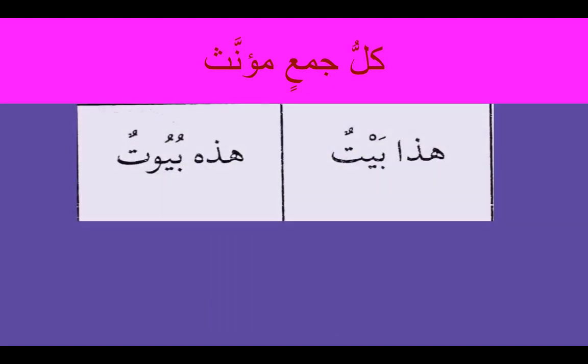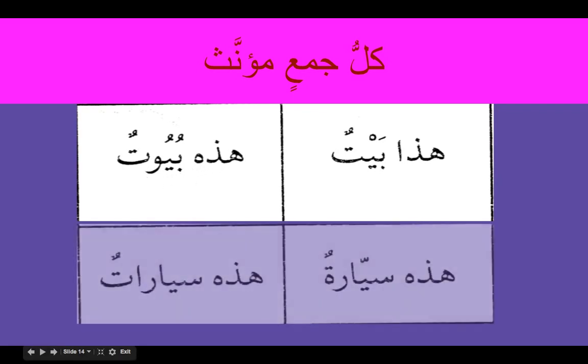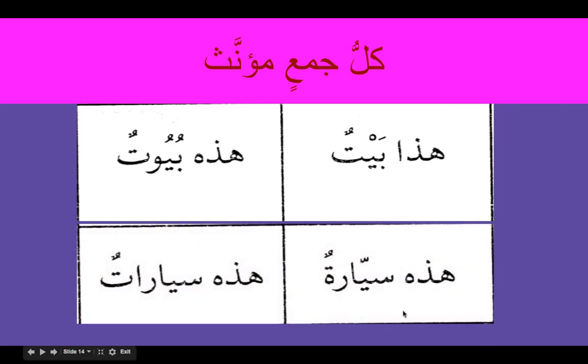For example, if you say هذا بيت, the plural of bayt is buyut. So we say هذه بيوت. If it is هذه سيارة, why هذه? Because of the ta marbuta, it's a feminine noun, we use هذه. But we use هذه again if it is a plural.